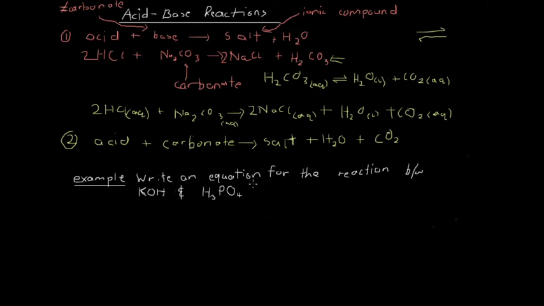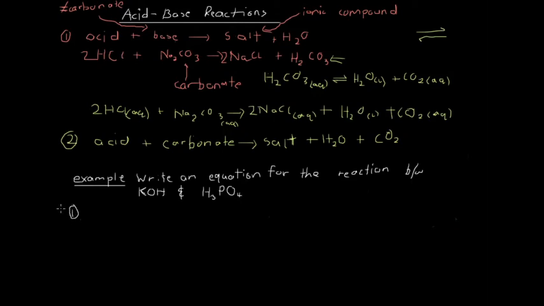We're going to write an equation for the reaction between potassium hydroxide and phosphoric acid. Potassium hydroxide is the base here. Phosphoric acid is obviously the acid. Looking at this base, potassium hydroxide, it's not a carbonate, so we can follow template 1 for this example.